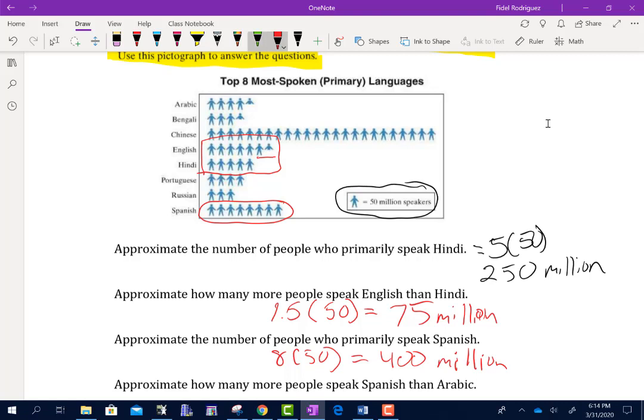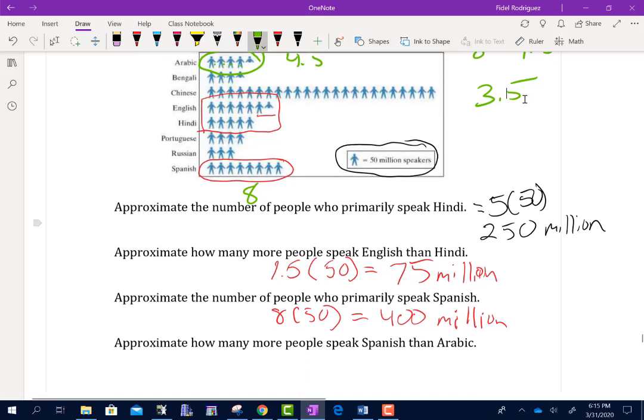The next question says, approximate how many more people speak Spanish than Arabic. So we had 8 folks here. Under Arabic, I have 1, 2, 3, 4.5. There's 4.5 here, so 8 minus 4.5 is 3.5.